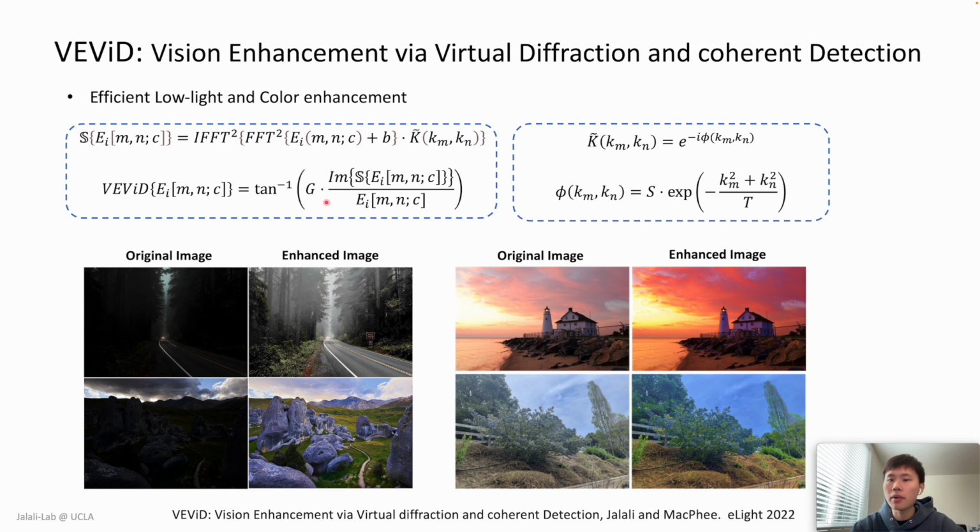The VEVID algorithm operates in the HSV color space, and C here means the color channel. It leads to low light enhancement when operating on the V value channel and color enhancement when operating on the S saturation channel. The paper was published in eLight at the end of last year, which has a comprehensive explanation and full derivation. I highly encourage you to check them out if you are interested.